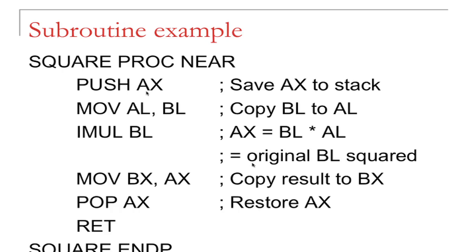So what we're doing here is to calculate the square of the original value in BL and put the result into AX. You see, this is where we update AX.